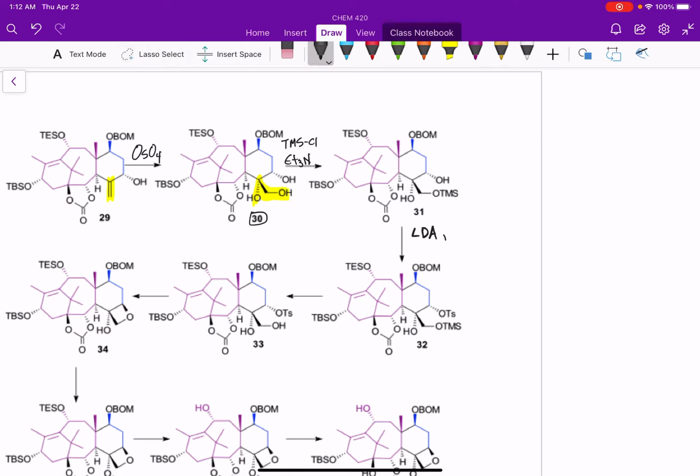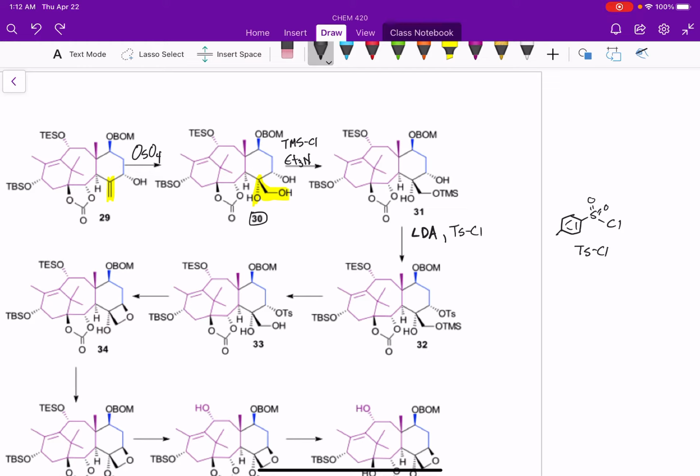So LDA and then tosyl chloride, TsCl, right? Just remember with our tosyl chloride group, that's toluene sulfonyl chloride, S double bond O, Cl. So that's our tosyl chloride, TsCl. That adds, the OH becomes an OTs group. That's a really good leaving group that turns the O into a very good leaving group, giving you compound 32. All right.